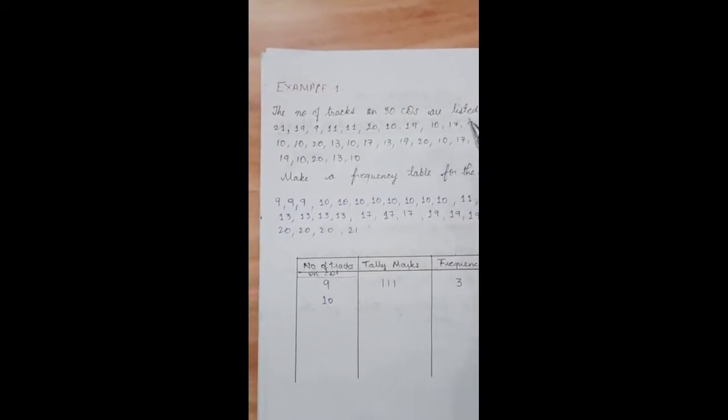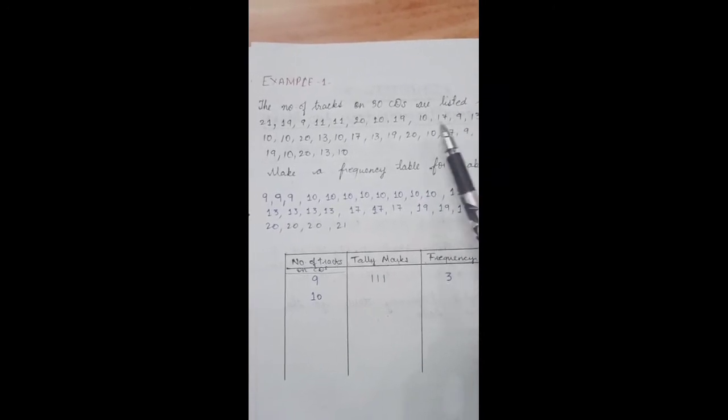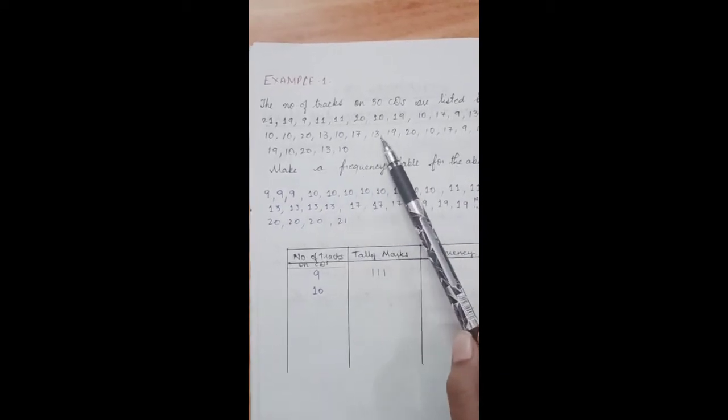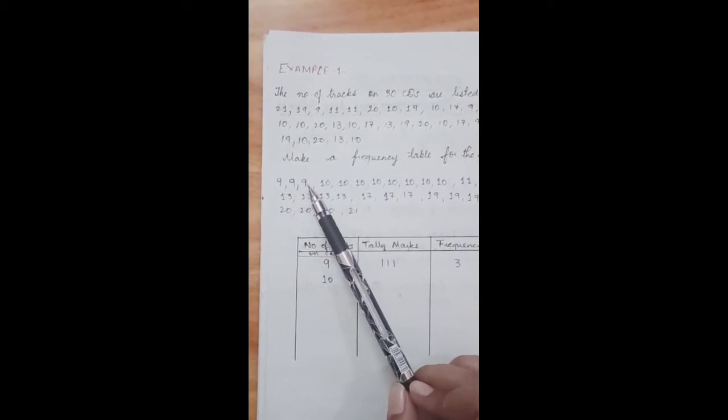The smallest number is 9, right? Now count how many times 9 is occurring in this data. 1, 2, 3 times, right? So I have written here 9 and 9.